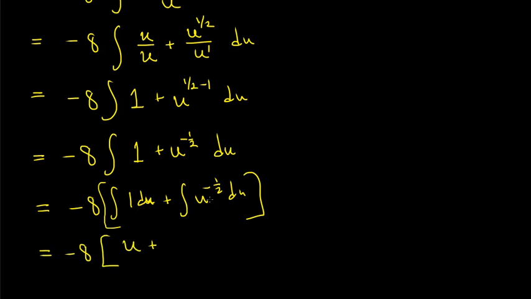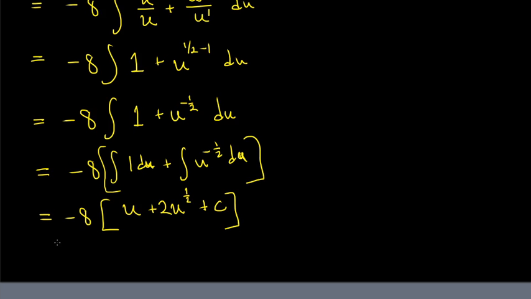The integral of u to the negative 1/2, well, that's the power rule, right? You get negative 1/2 plus 1, which is just positive 1/2, divided by 1/2. But if you divide by 1/2, you're just multiplying by 2. Now, at this stage, we took the integral already, so don't forget the plus c because it's an indefinite integral.